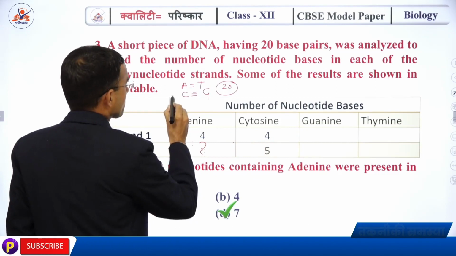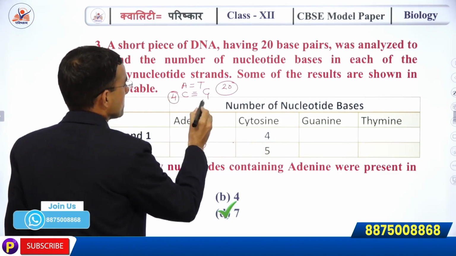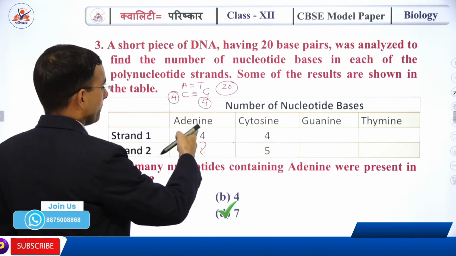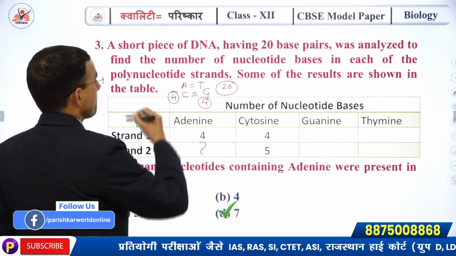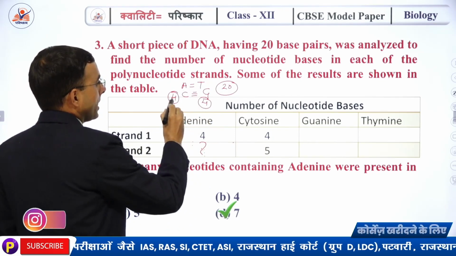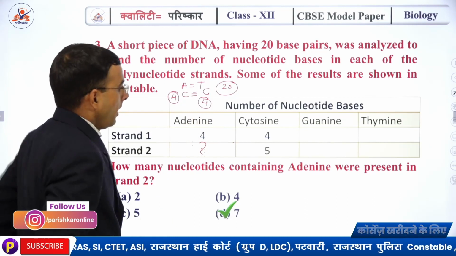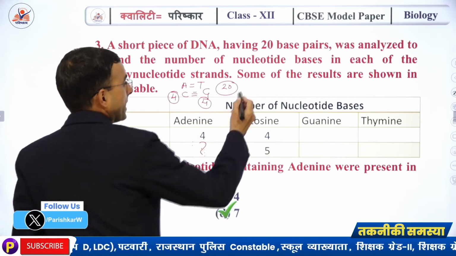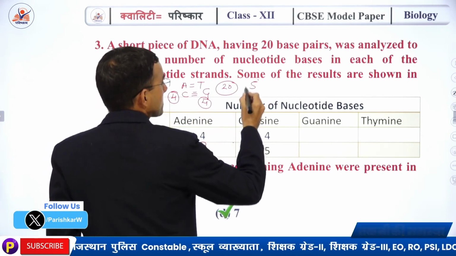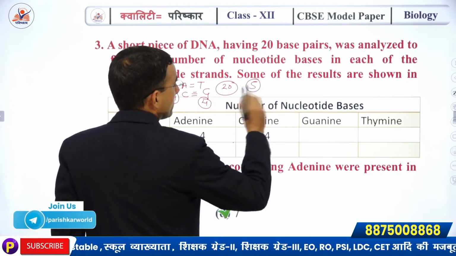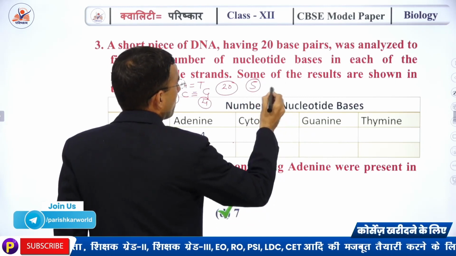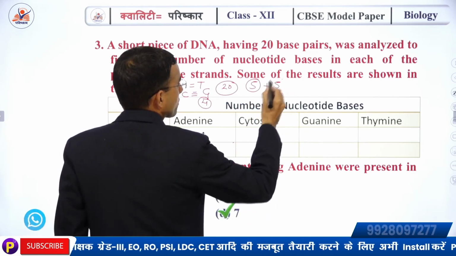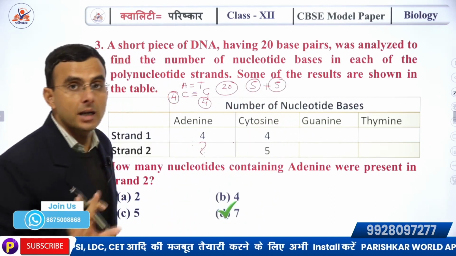If cytosine is 4, that means guanine is 4. If adenine is 4, then thymine is 4. If cytosine is 5 in the second strand, that means these 5 cytosines bind with guanine. So there are 5 guanine also.